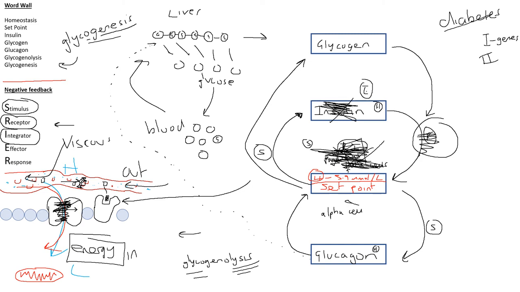So that's type 1. Type 2 is lifestyle. It's caused by lifestyle. So people eating too much sugar, people not exercising enough. And what happens is that these proteins on our cell membrane down here, don't forget about protein synthesis.